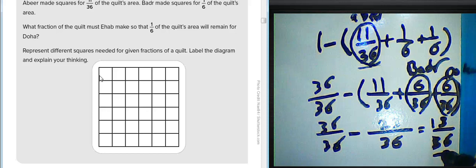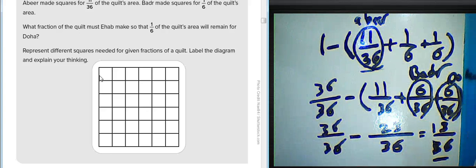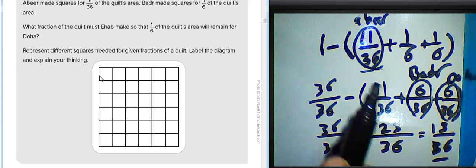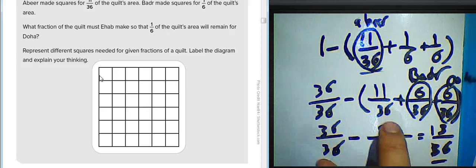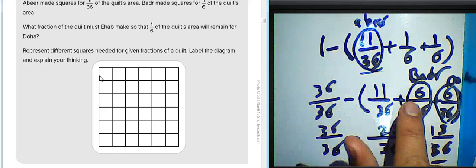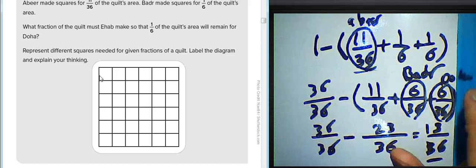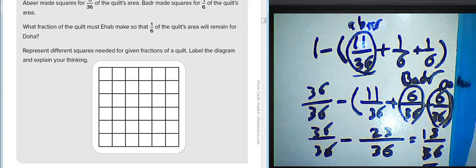And the last one here, Ihab, 13 over 36. You must color each one with a different color, such as red, green, blue, and azure. Color 11 parts for Abir, 6 parts for Badr, 6 parts for Duha, and 13 parts, the last area here, for Ihab.